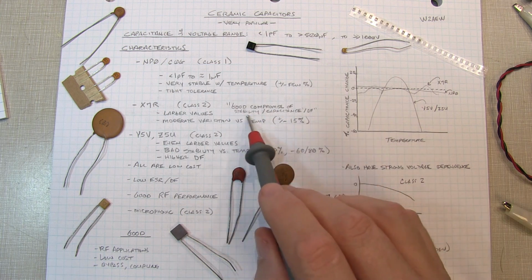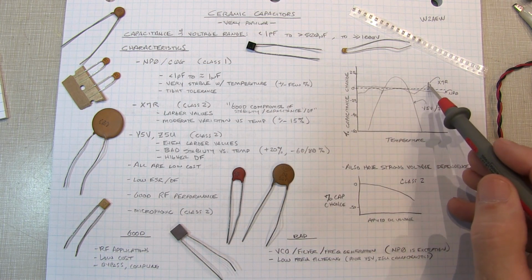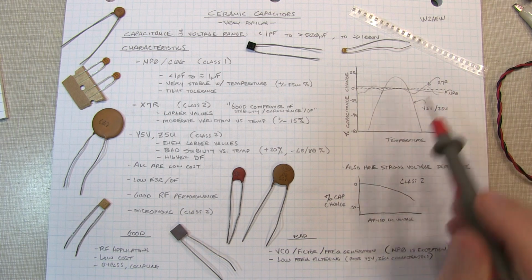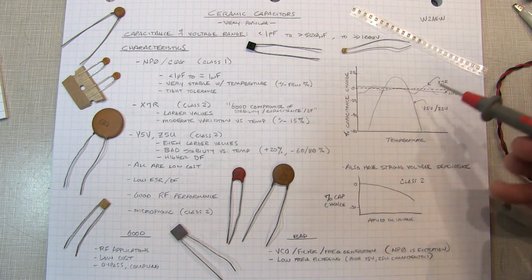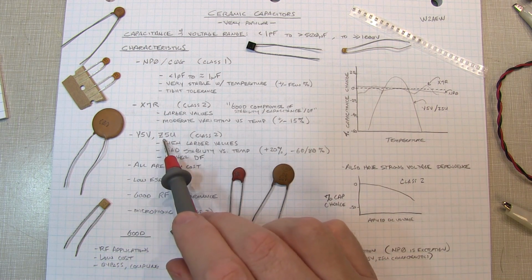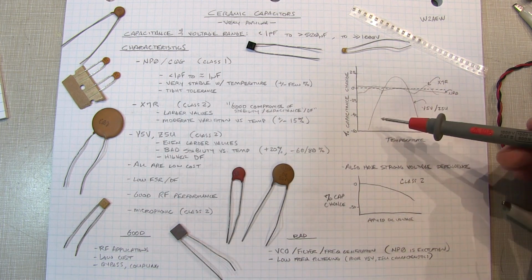The X7R capacitors might vary plus or minus 10 or 15% around their nominal value over that temperature range. So that's not too bad, but that's still a pretty good variation. The Y5V and Z5U, they're kind of horrible when it comes to temperature variation.